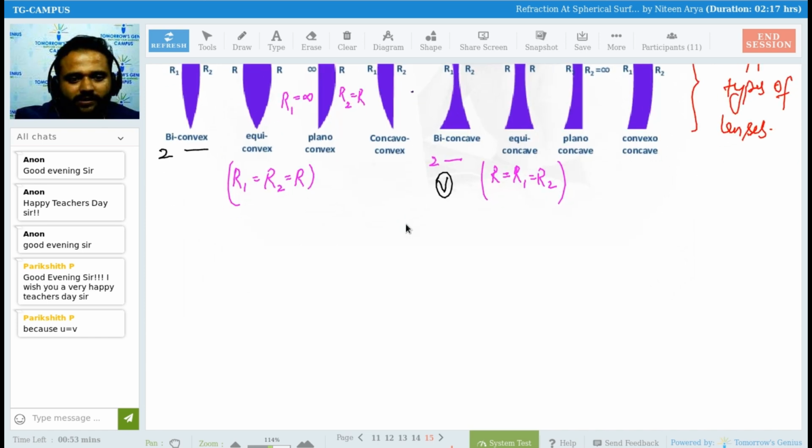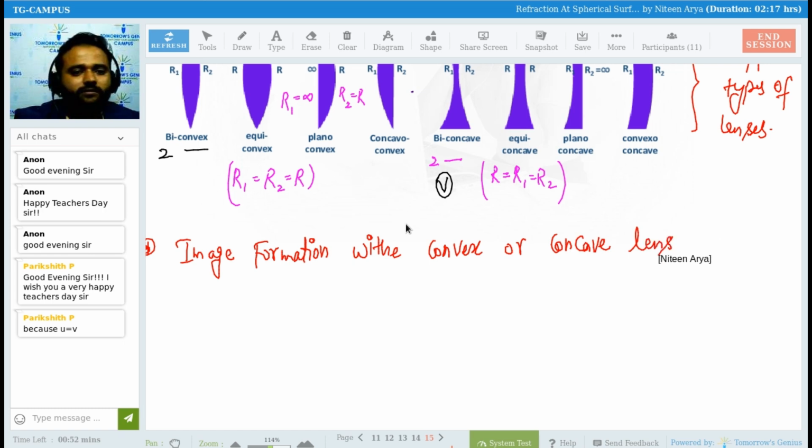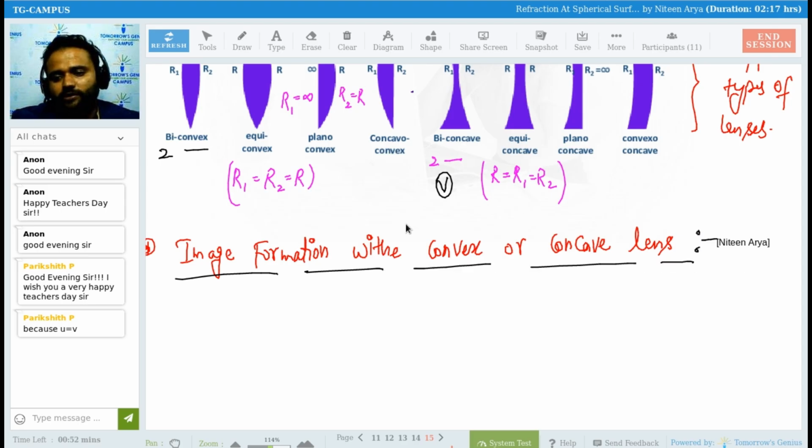No one asked for this, but for you guys, image formation with convex or concave lenses. Just wait for a while. Let me give you a diagram or a table, then I can tell you and write this analogy, and you can correlate also.